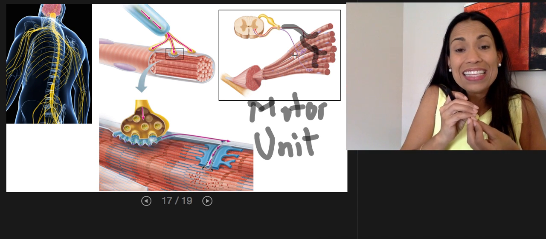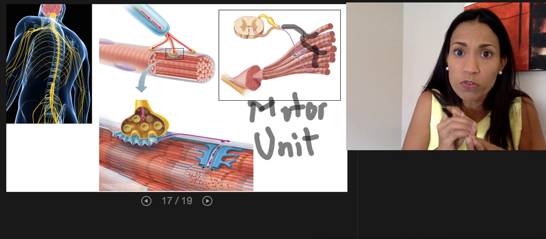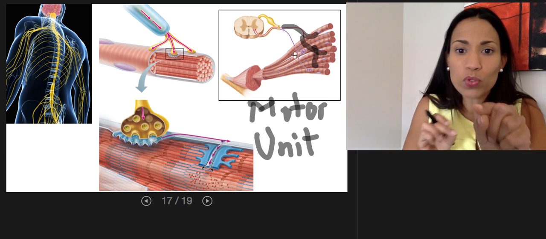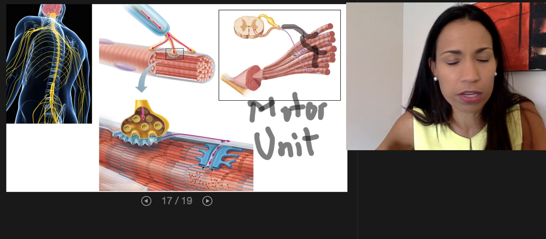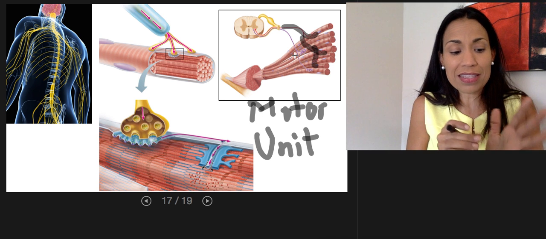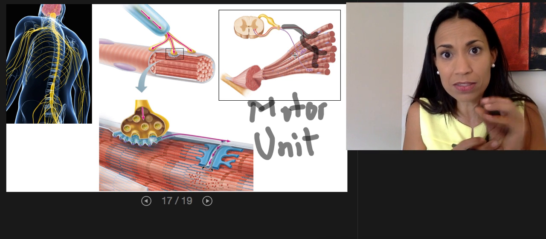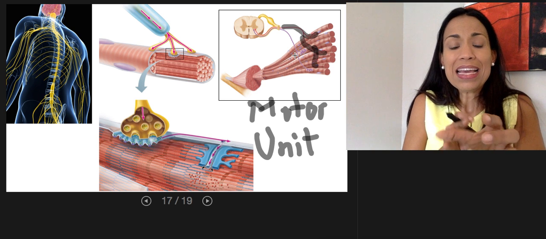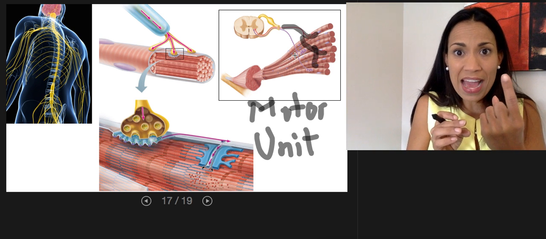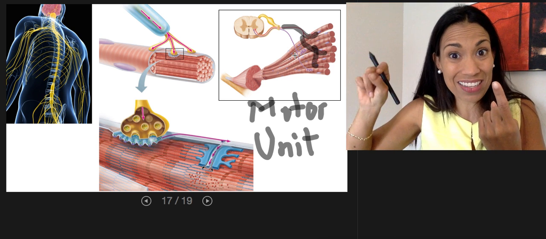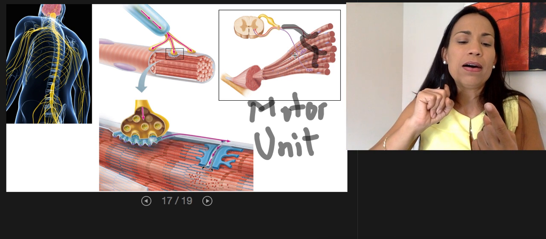The more delicate or the more precise the movement needs to be, the fewer muscle fibers we're going to include in that motor unit. So the motor units that control the muscles of the hands, where we need to perform precise movements, consist of one axon and maybe 3 or 4 muscle cells, muscle fibers.